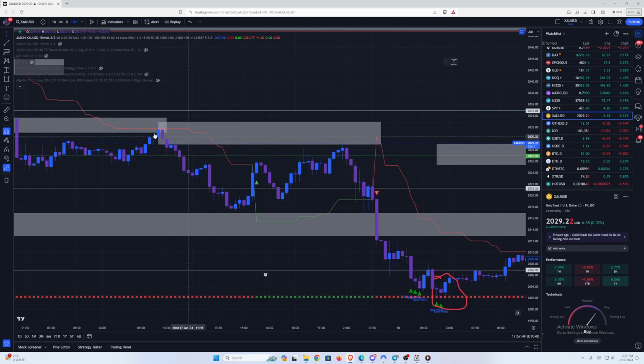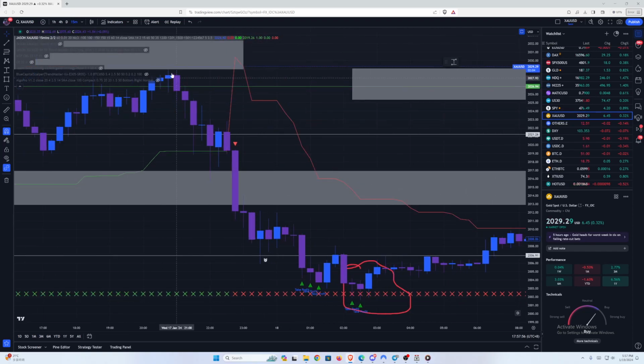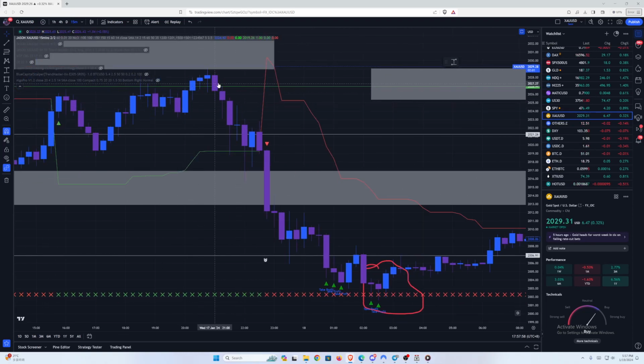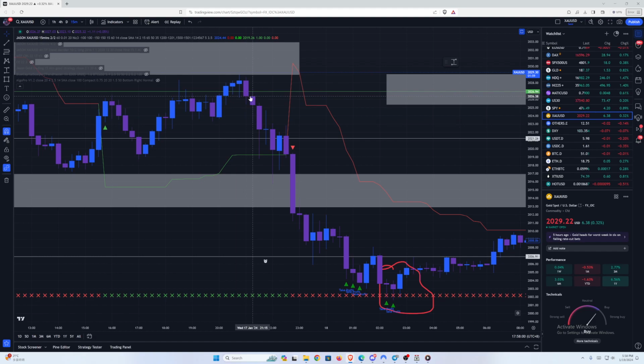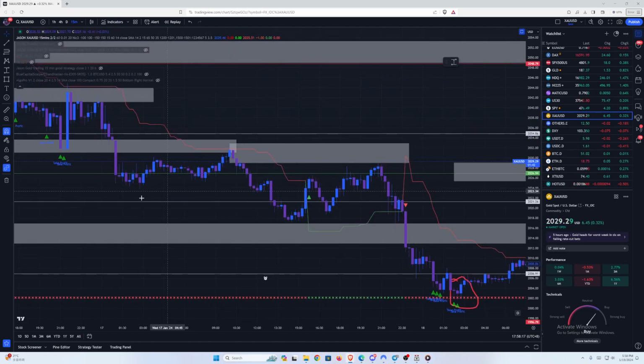This was the only supply zone that we had. So once the market went higher and touched the supply zone, you see the wick got into the area, right? And then it left it and closed below the previous bullish candles, closed below it and also closed below the support resistance zone. This is a place where you can short, okay, and where you can let it ride down, okay.